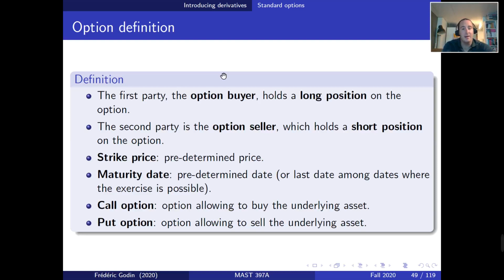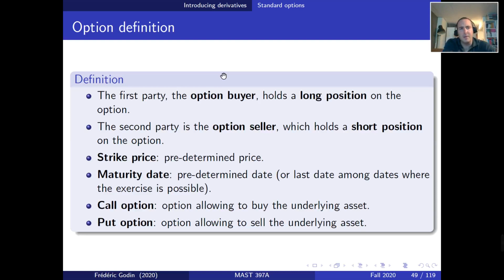The second party, which is the option seller, is said to hold a short position. So the long position is the person or institution who decides whether or not the exchange will occur, and the short position is forced to obey what the long position decides on the maturity date.